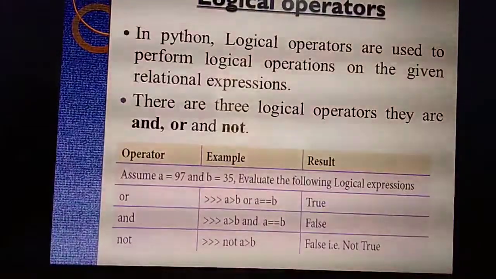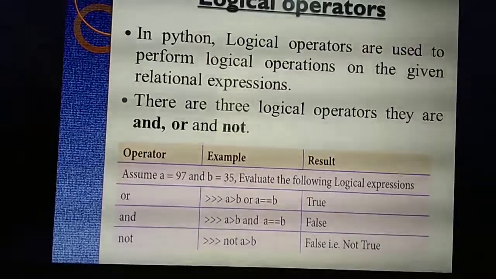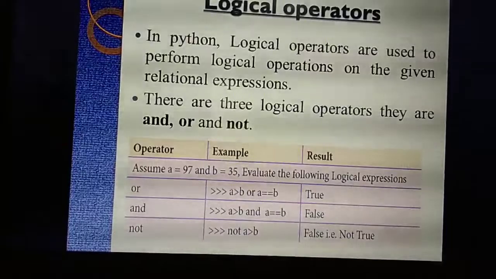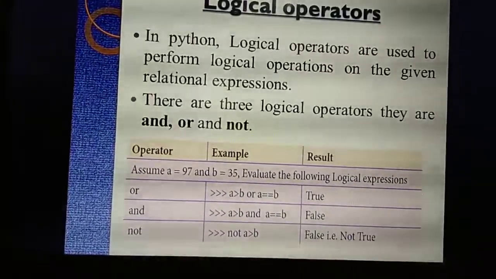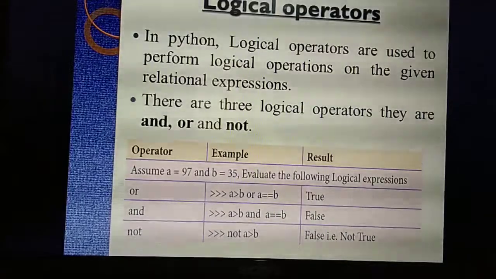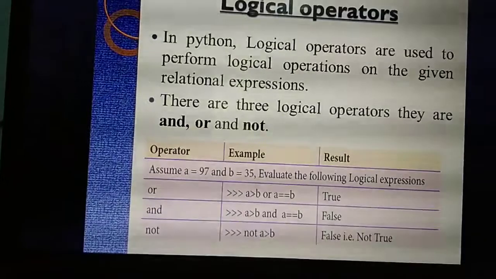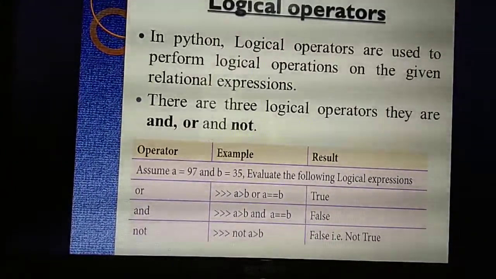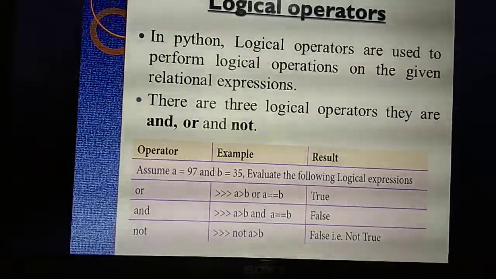Okay. So today we are going to study about the third operator, called logical operators. What's the use of this logical operator? Already you might have studied about logic gates in 11th standard 2nd chapter.